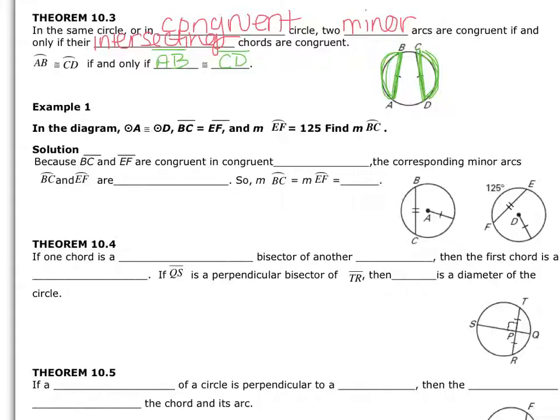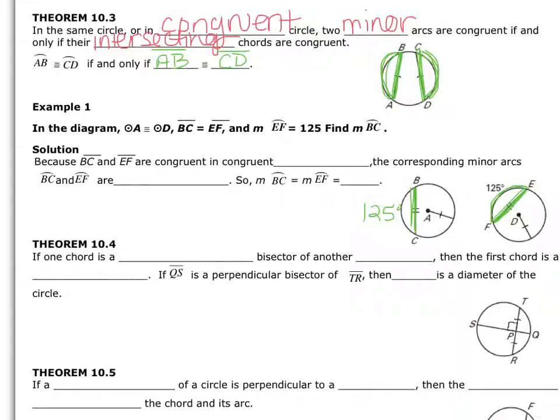So in example 1, in the diagram, circle A is congruent to circle D, BC is equal to EF, and the measure of arc EF is 125 degrees. Find the measure of arc BC. Well, since EF is congruent to BC and arc EF is 125, then arc BC has to be 125.